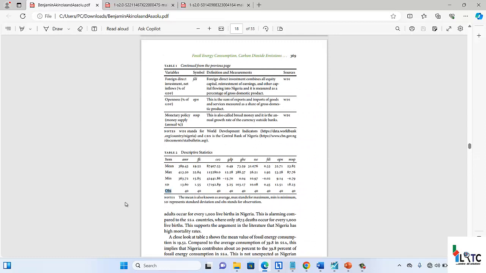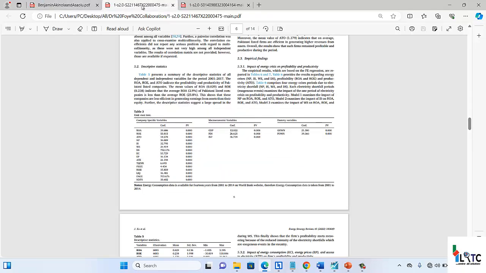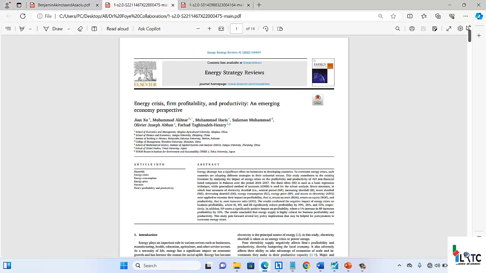Yes, we have the descriptive statistics here. You can see the author presented five statistics: mean, maximum, minimum, standard deviation, and observation. Let's look at another paper. This particular paper is on energy crisis, firm profitability and productivity, an emerging economy perspective.